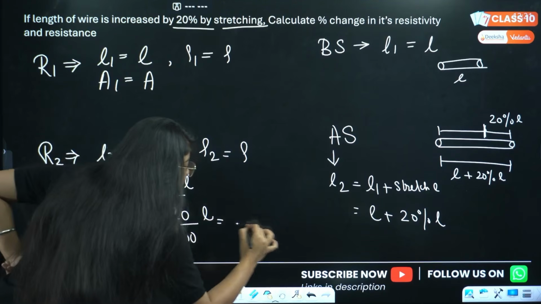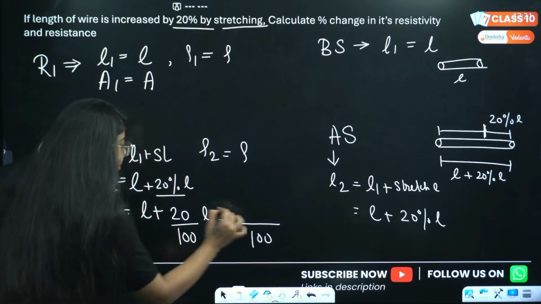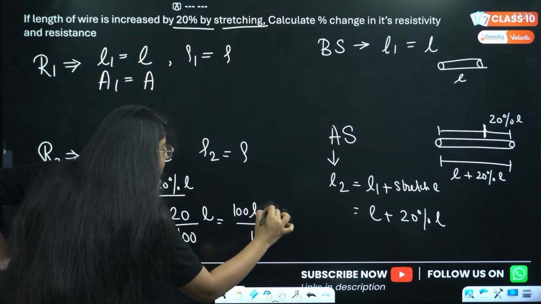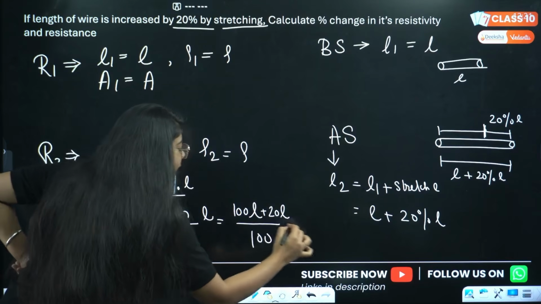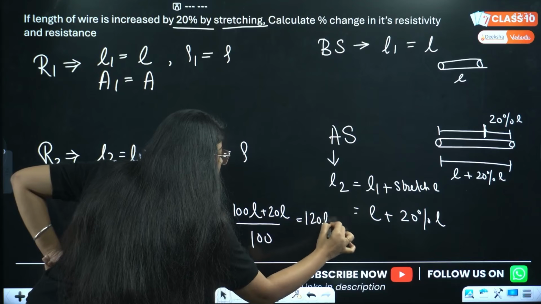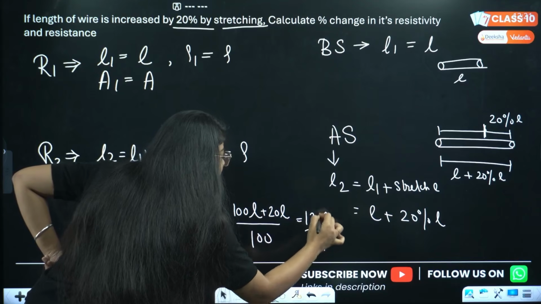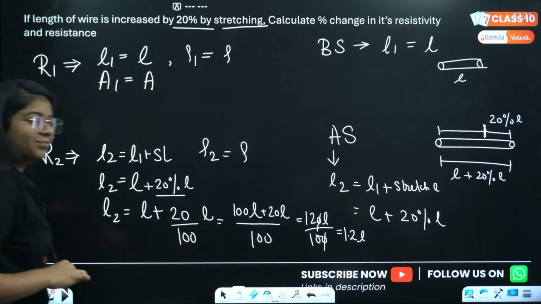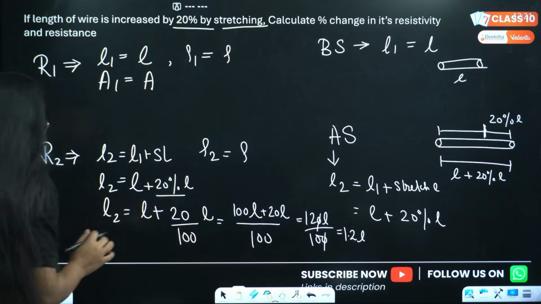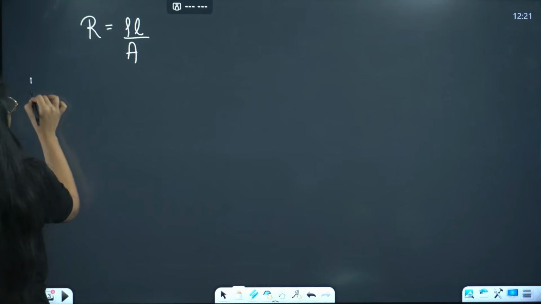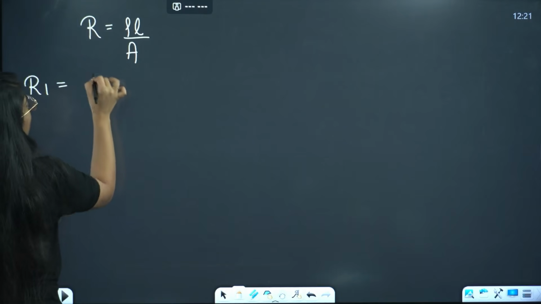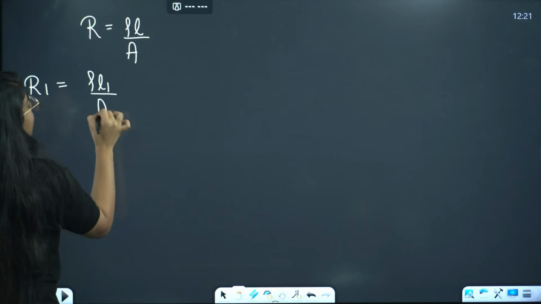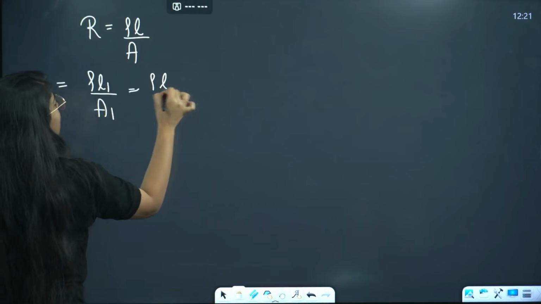I'll take the LCM, that is 100. So this will be 100L plus 20L, right? That will be 120L divided by 100. So this 0 cancels out. This becomes 1.2L. Understood? So R1 comes out to be rho L1 by A1, that is rho L by A.